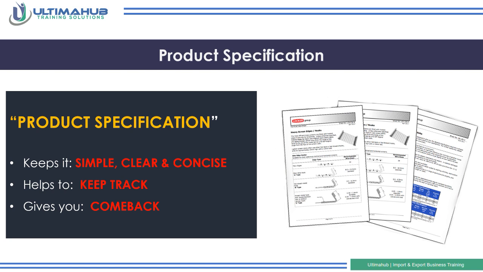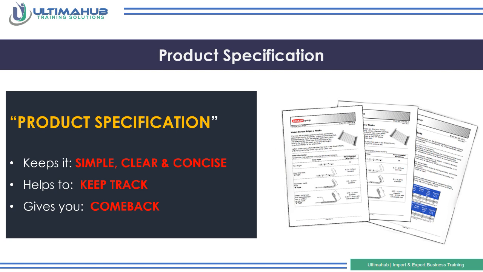And this is another thing as well, getting their confirmation before you do anything. Confirmation before sampling, confirmation before the contracts itself, confirmation especially before the bulk buy, and it's all on the product specification document. I cannot express how significant the product spec document is throughout the complete process.